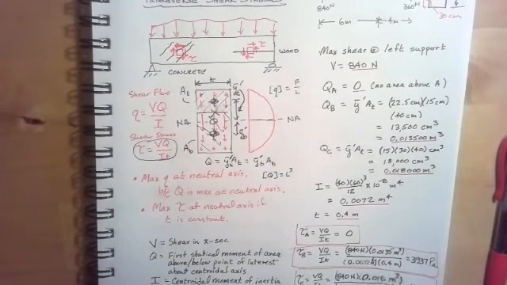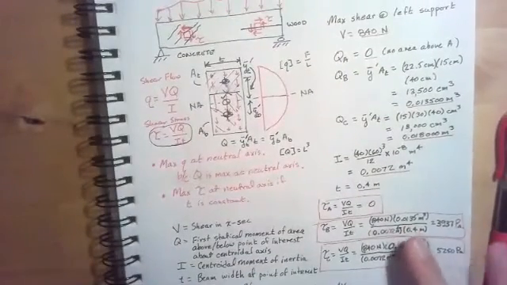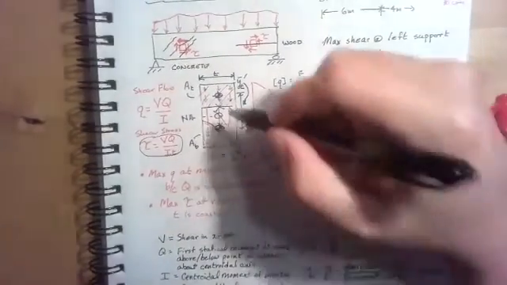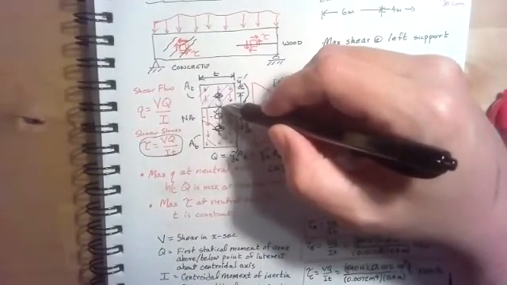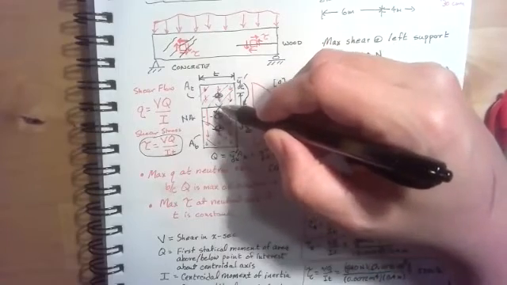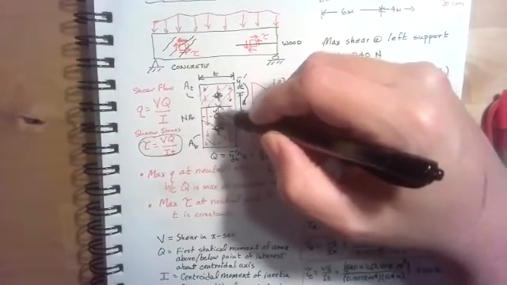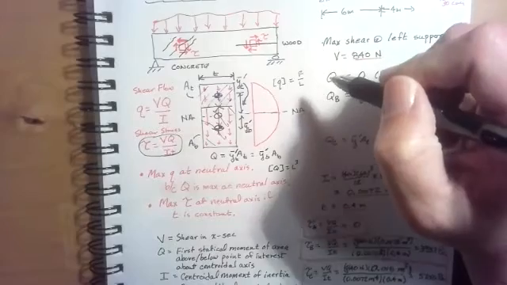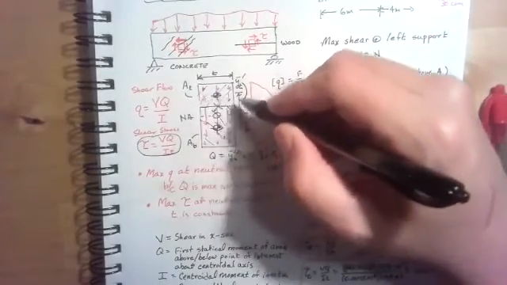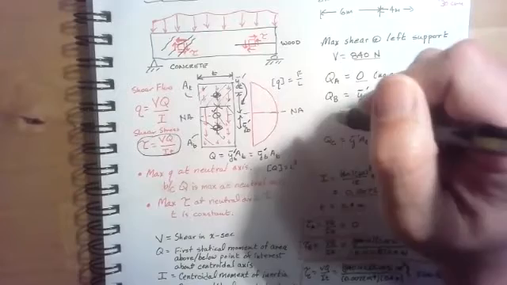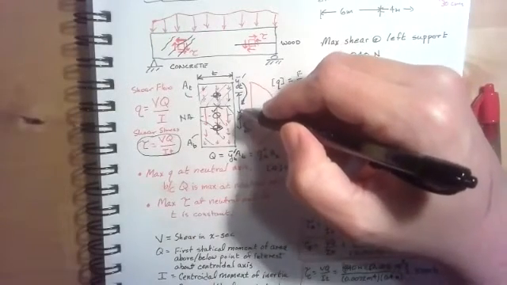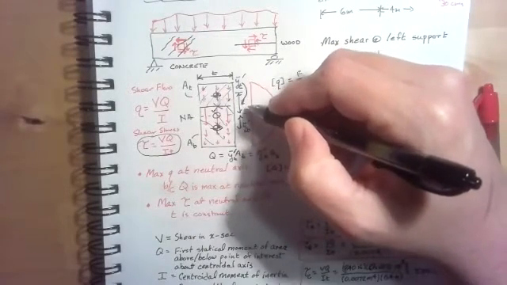So we would note a couple of things, that Q is defined as the first moment of the statical area, the first statical moment of the area above or below the point of interest. So I've marked the point of interest with an X, and I would take the area of the top shaded region above the point of interest. I would find the distance from the neutral axis to its centroid.